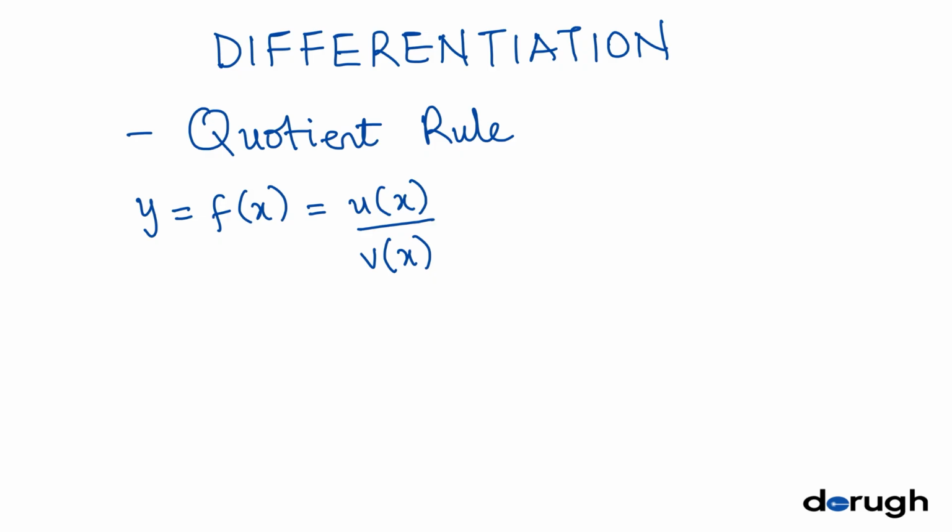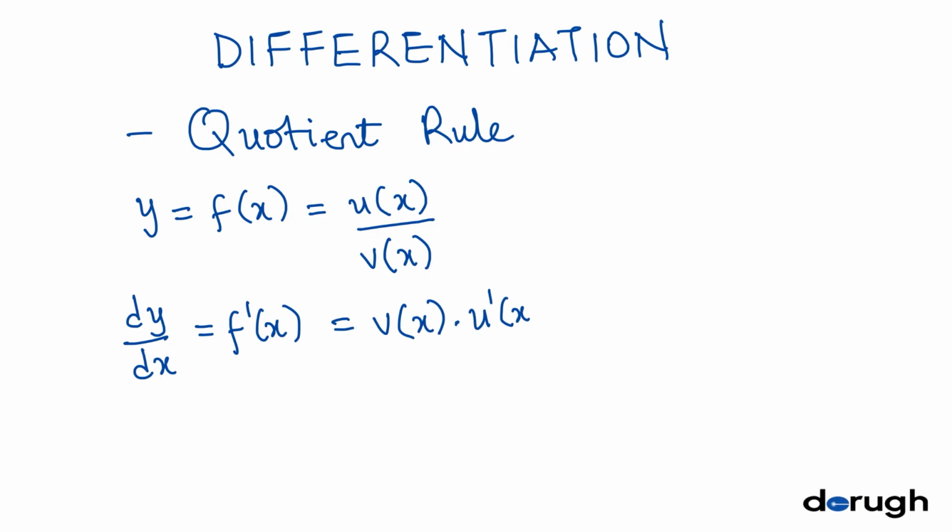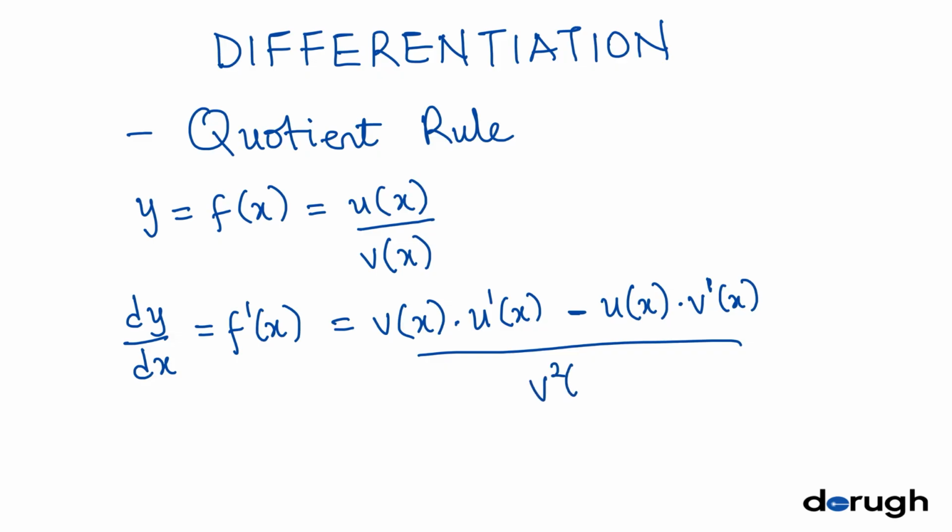The rule says that dy dx, which is f prime of x, will be equal to v of x multiplied by u prime of x minus u of x multiplied by v prime of x, all over v squared of x.